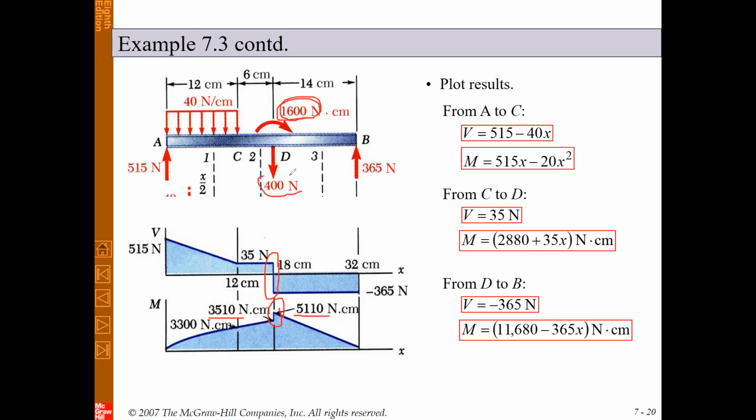Here we have a 400 Newton force, so we have a jump of 400. You can see the difference between 35 Newton and minus 365 Newton is a jump of 400 Newton, and this is due to this concentrated force. So again, you can use this point to check whether your result is correct or not.